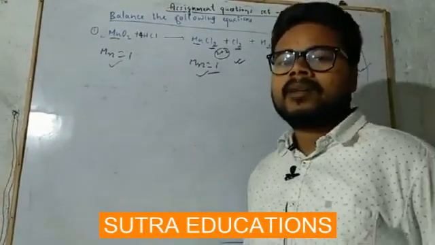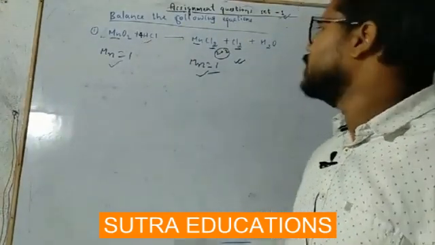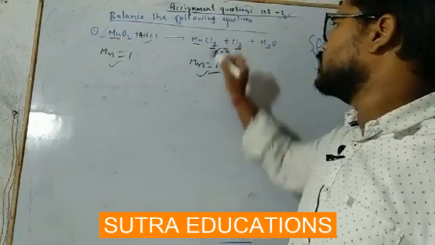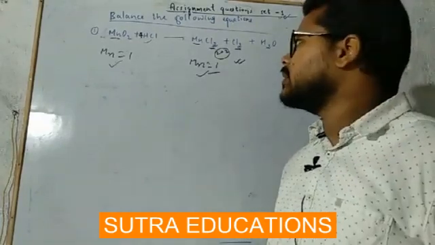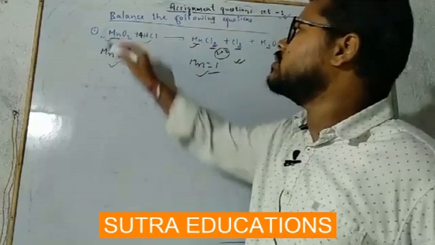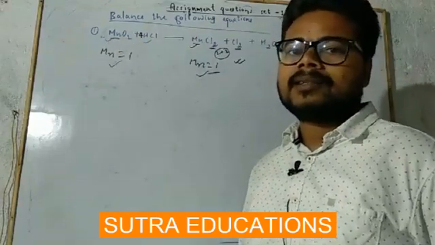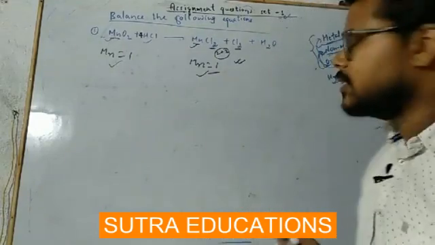Now 4 chlorine is present in the reactant, and 2 plus 2, 4 chlorine is present in the product. Now go back to the metal. Metal is manganese 1 here, again it is 1 here. It means still metal is balanced. So we have done two things. We have balanced metal and non-metal.